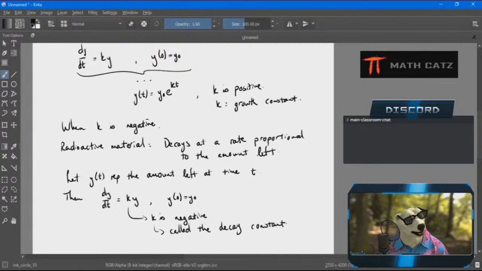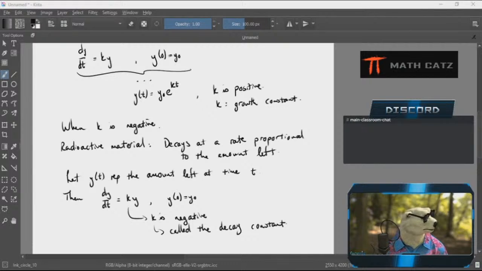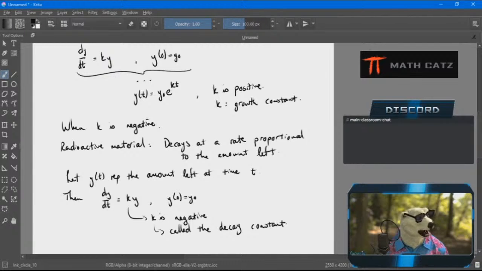But I have a very similar situation to what I've had before. It's the same differential equation in appearance, it's just that the k constant is now a negative number.